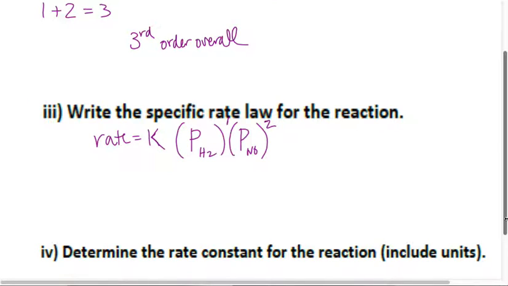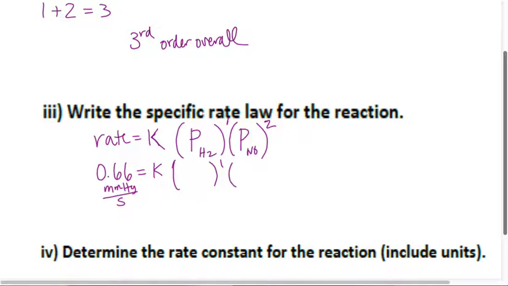Okay, and the last thing is determine the rate constant. So using experiment 1, what was the rate? 6.6. Now we've got millimeters of mercury instead of just plain old concentration. H2's pressure? 400? We're going to pretend that's 3 sig figs. To the first, and then NO's? The NO's 400?